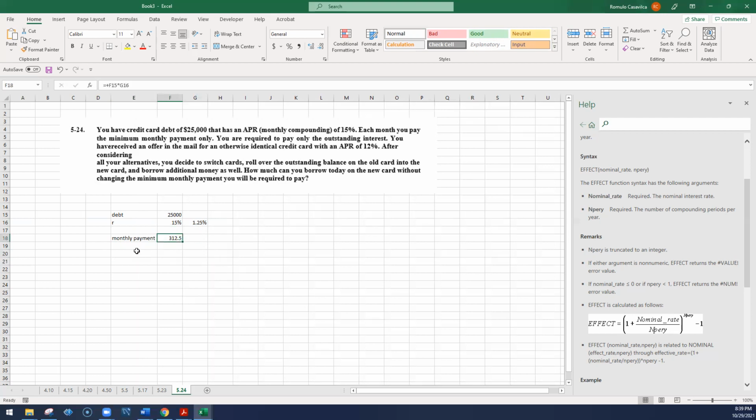And then they ask me, after considering another bank with 12%, so that's 3 points less. This is a new rate, so we're going to refinance, which is 12%. I've got to get a monthly rate here.